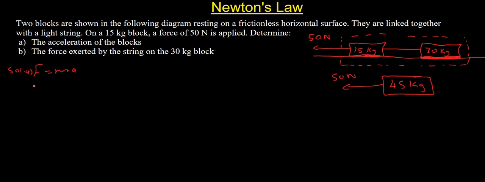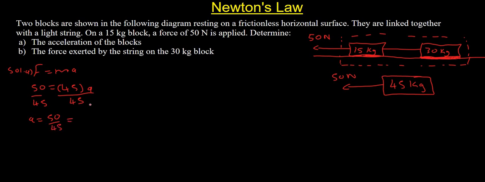Then the force applied is 50 Newton. Our mass is the total mass of the system, which is 45 kg. Then we need the acceleration. To get the acceleration, we divide both sides by 45. So our acceleration will become 50 over 45.